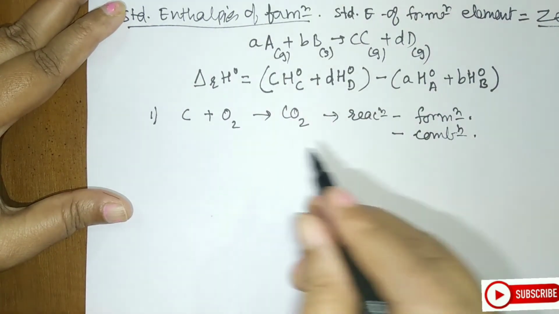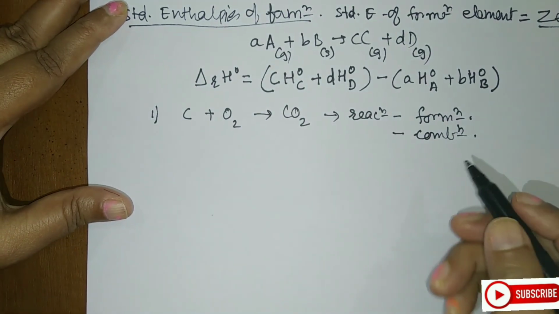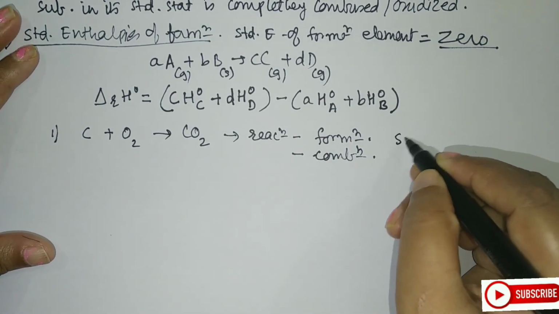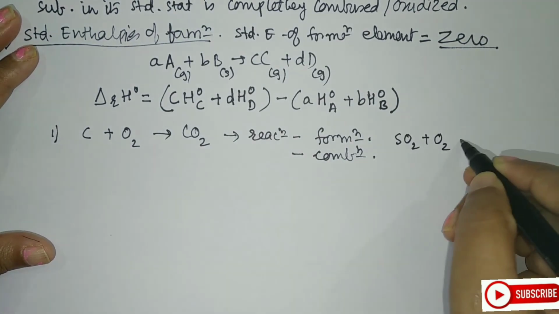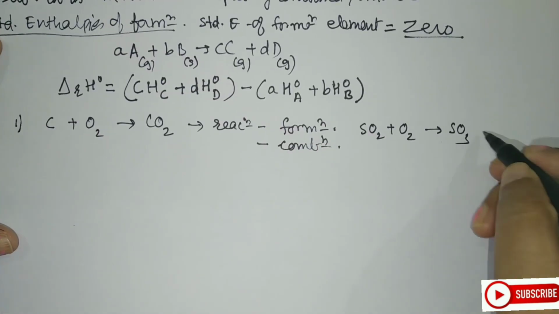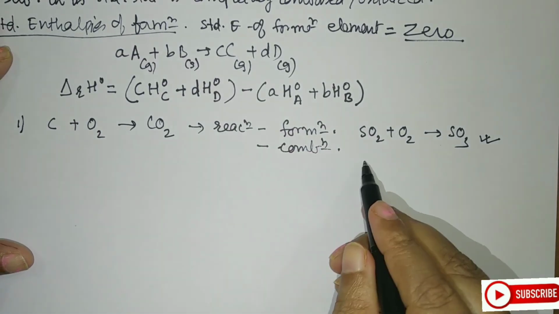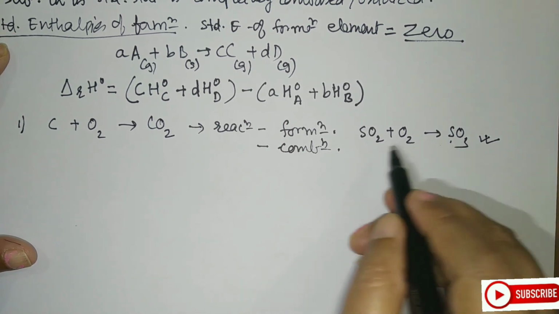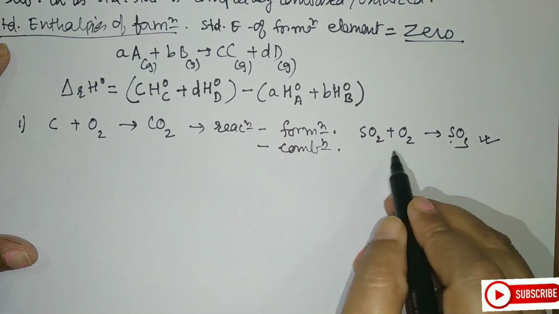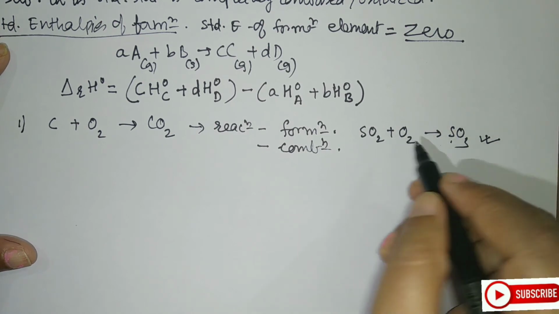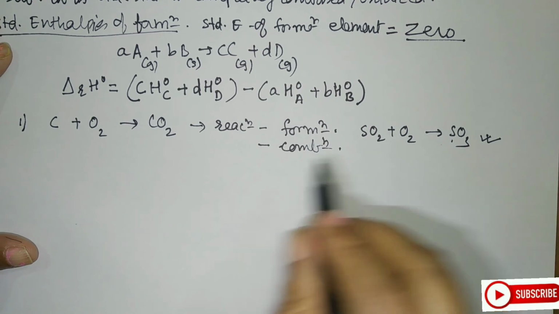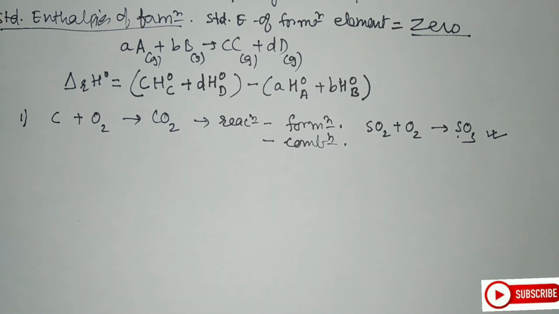So this can be a formation, this can be a combustion. But if I say that I am preparing SO2 plus O2 giving me SO3, what type of reaction is this? Here I cannot say this is a formation reaction because sulfur dioxide and oxygen here are not in their elemental states. So here, the reaction can only be combustion. So you have to be careful while deciding the equations for the calculations.